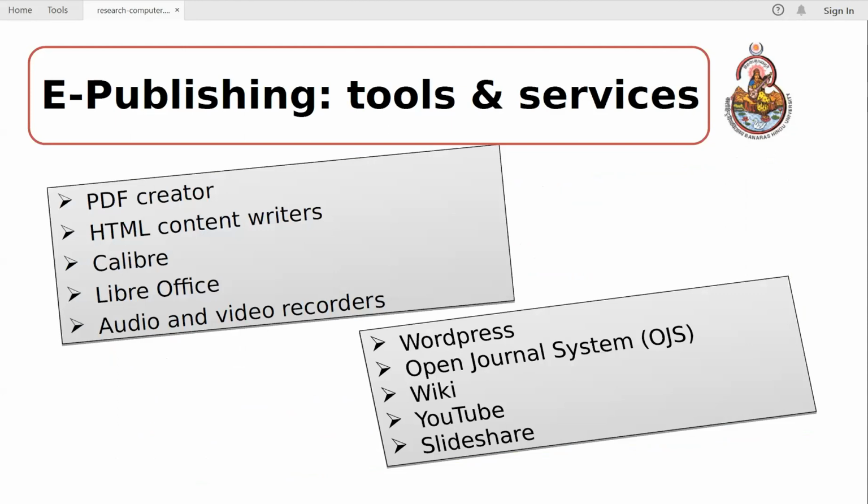Again, for e-publishing, there are a lot of tools. Some of the tools I have already talked about. These tools are freely available for you. You don't have to buy any of these tools. Whether it is PDF creator, HTML content writer, LibreOffice, video recorders, wiki, YouTube, SlideShare, these all are free of cost for your e-publishing.